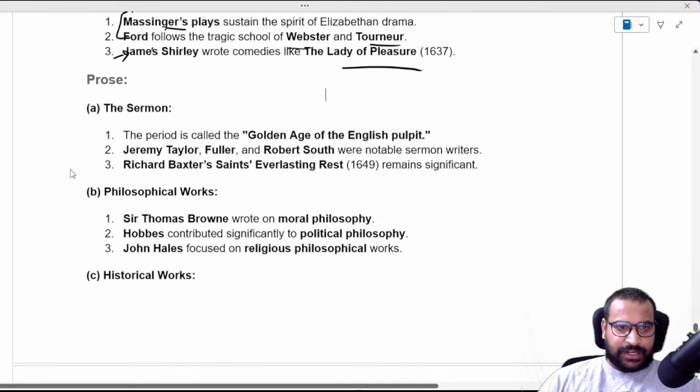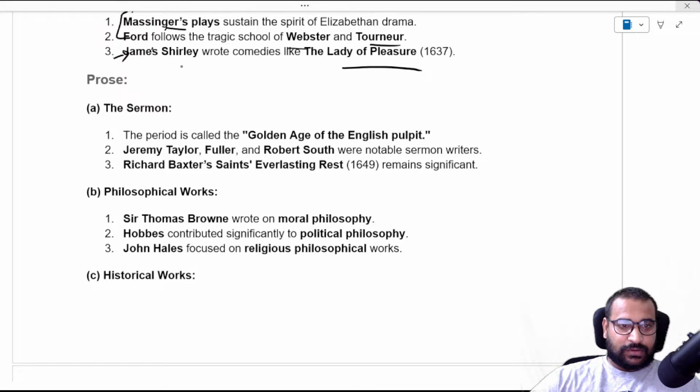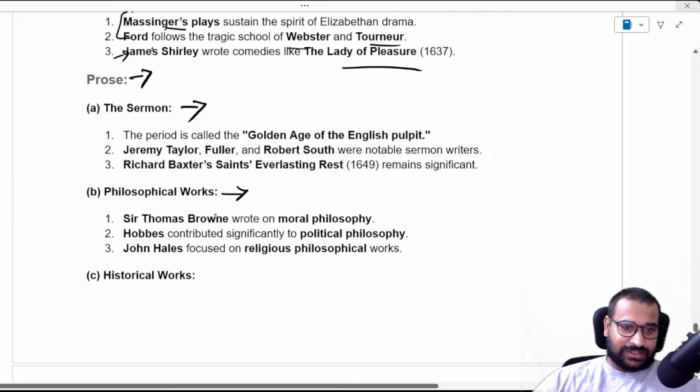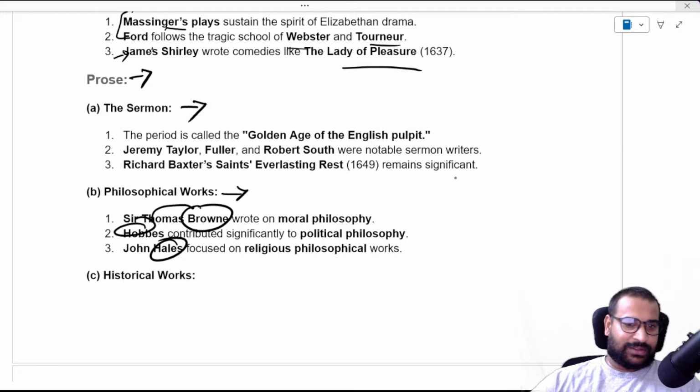But what was trending in the age of Milton is the prose. Mostly it was sermons and philosophical works, like you could see in Thomas Browne, Hobbes, and Hales. Two works are very important, Hobbes's Leviathan and Browne's Religio Medici, all this stuff.